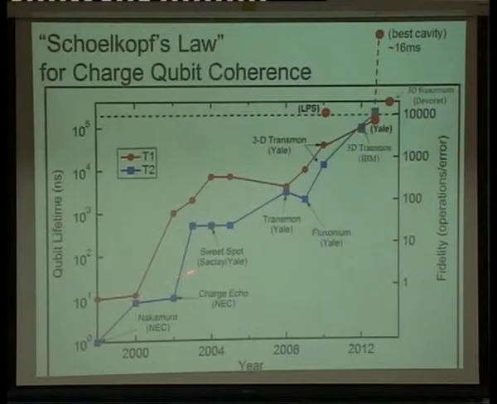So here is the length of those coherence times versus year, the first superconducting qubit being built by the NEC group in 1999 with immeasurably short coherence time, let's call it a nanosecond, and we're definitely more than 5 orders of magnitude larger than that now, going up roughly exponentially with time.